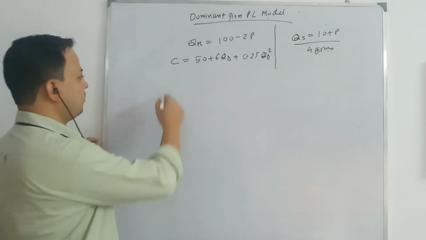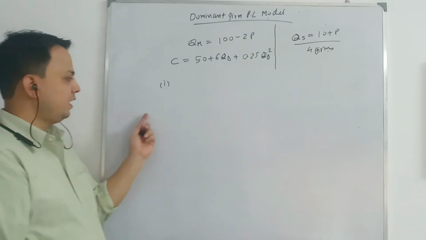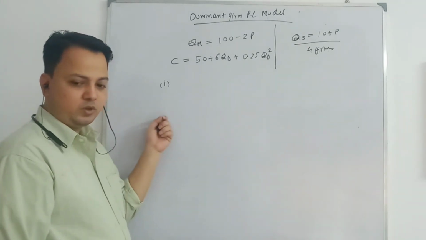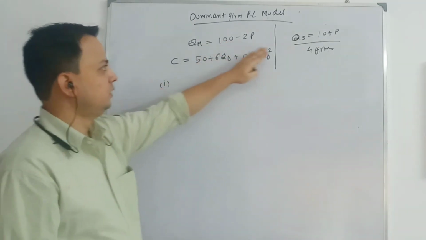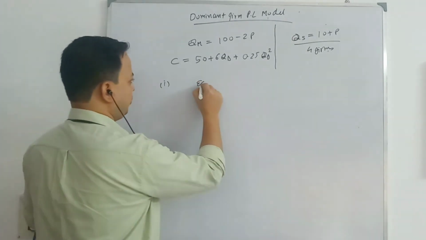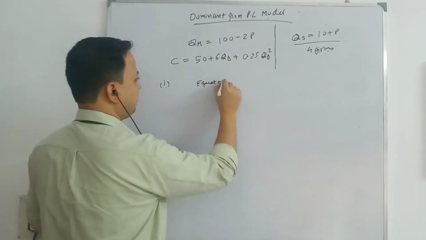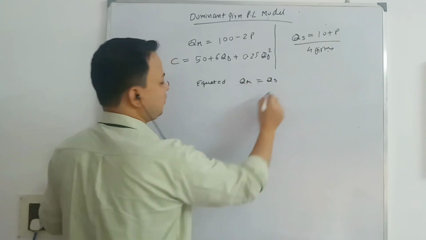So the first step when you are doing a problem like this: remember, I have taken out market demand and market supply and looked at the equilibrium price and quantity. So we will do this. This is market demand. This is market supply. Equate the estimated market demand and market supply. In equilibrium, market demand must be equal to market supply.